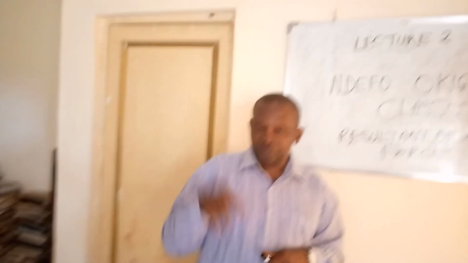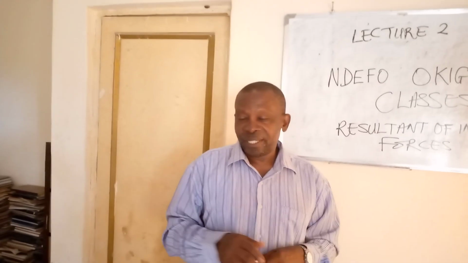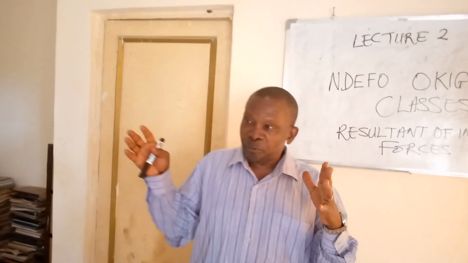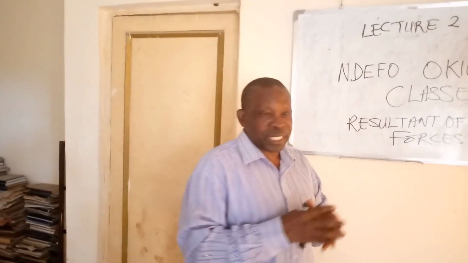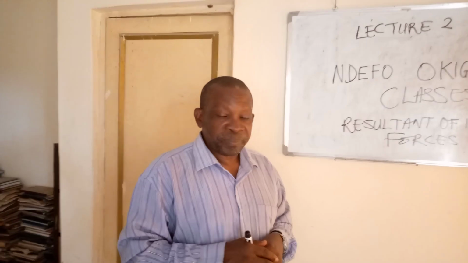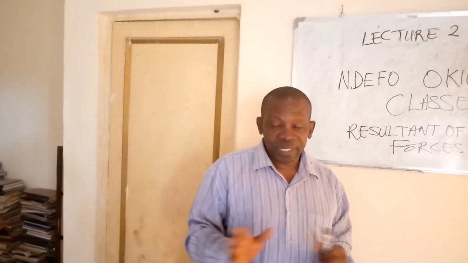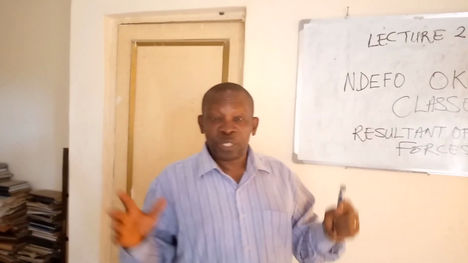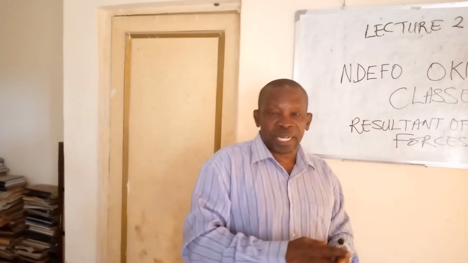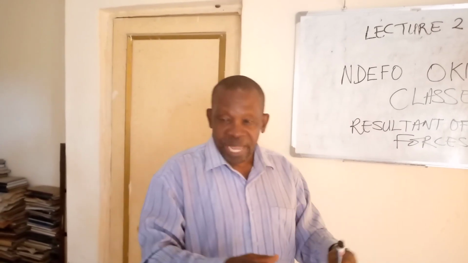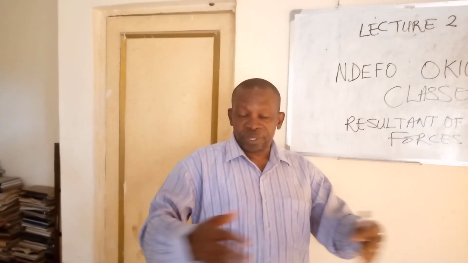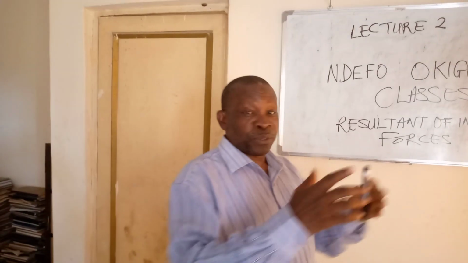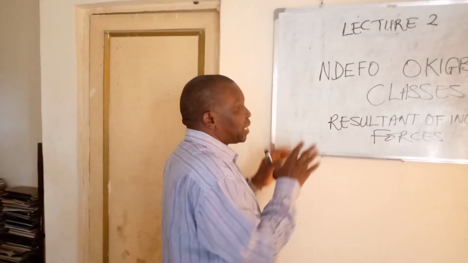To find that reaction, that's the resultant of the effect. There are a lot of such things in life when two things meet at an inclination and impact on a third. We have to get the resultant. That's what we're trying to get.